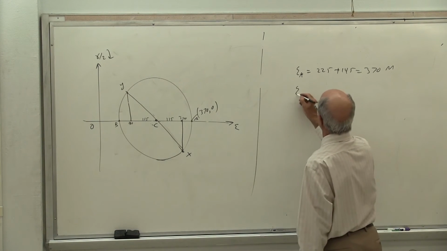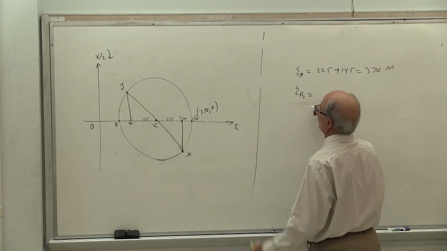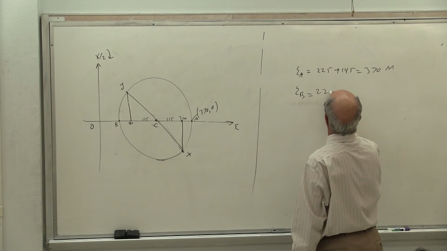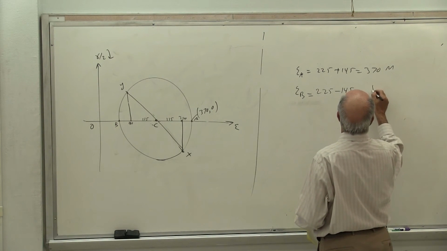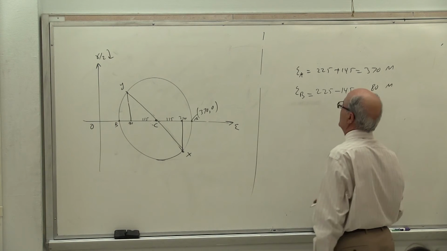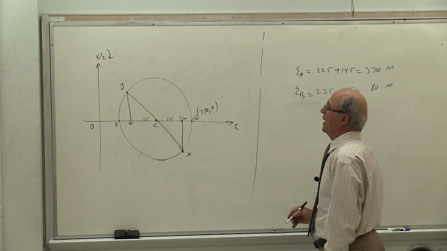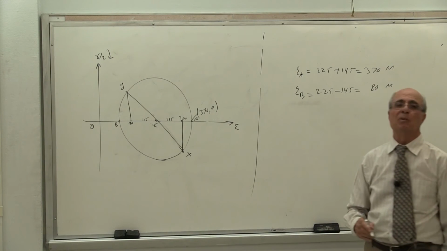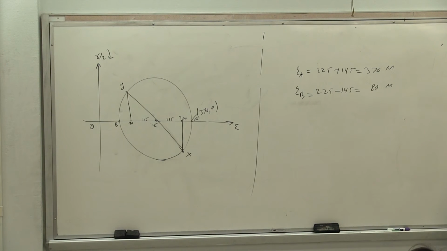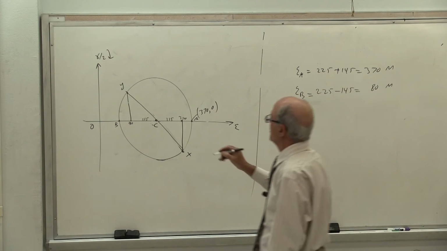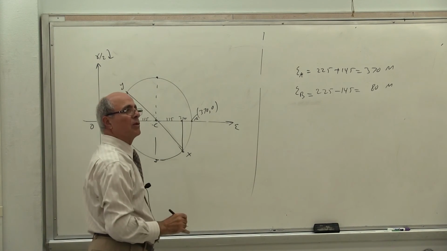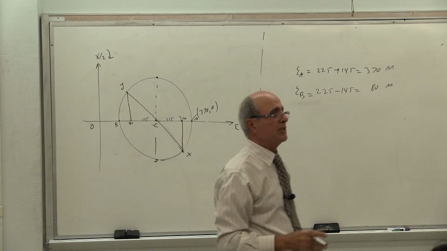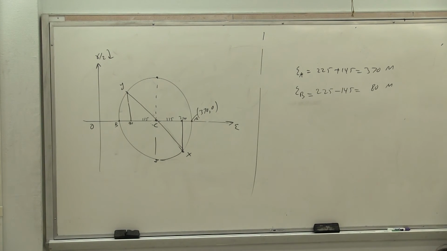Then epsilon B becomes equal, or minimum in this case, 225 minus 145, or equal to 80 macro. Then what is maximum gamma? The maximum gamma is, of course, this point and that point, yes or no, which is the radius. Is it in plane or is it out of plane?